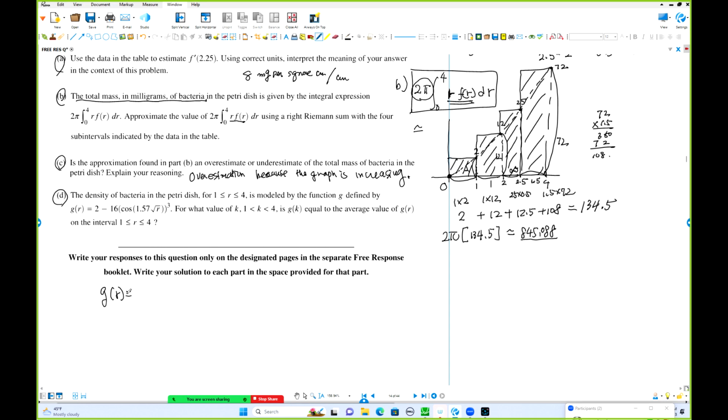New bacteria. 2 minus 16 cosine of 1.57 times the square root of R, and cube. Wow, so complicated. 16, this is a cosine inside, okay?